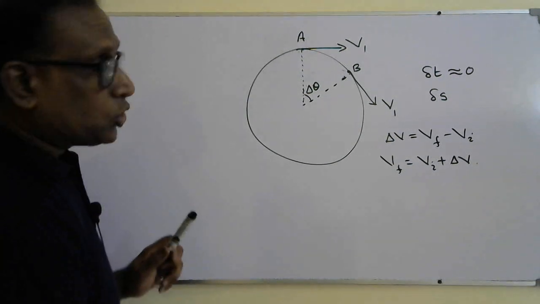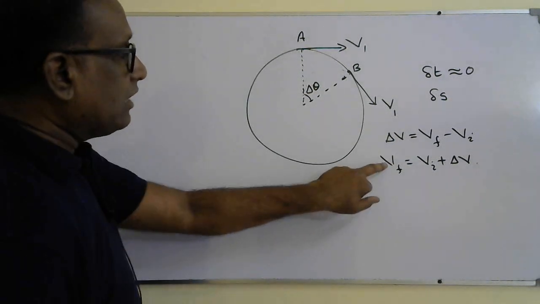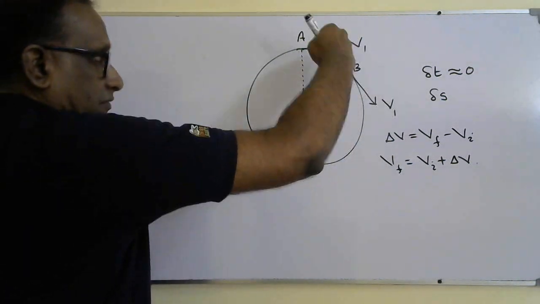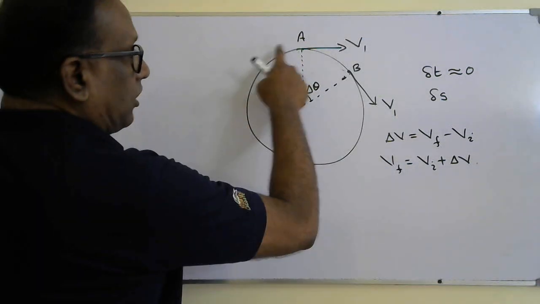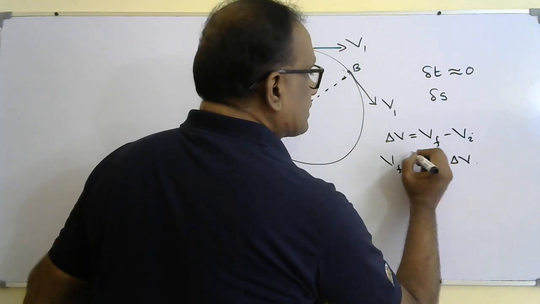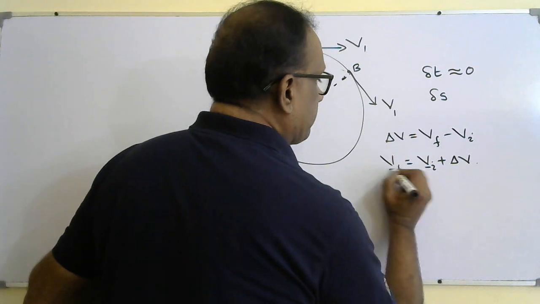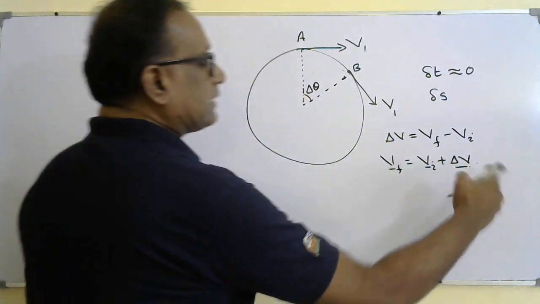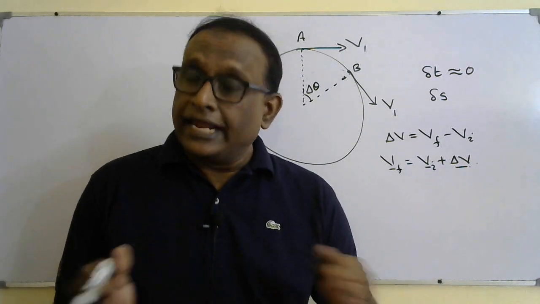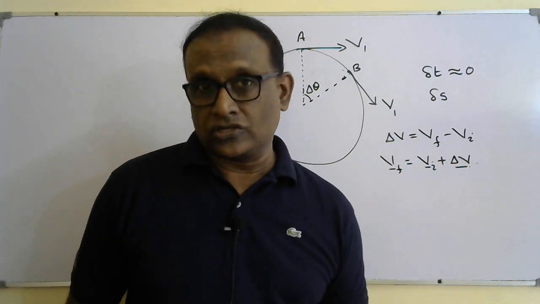A and B are very close points, I already told that. So final velocity is along this direction. Initial velocity along this direction. When I add the vector delta V, I can mark this with vector signs like this. So delta V is the change in velocity. I need to find the direction of acceleration, means I need to find the direction of change in velocity.